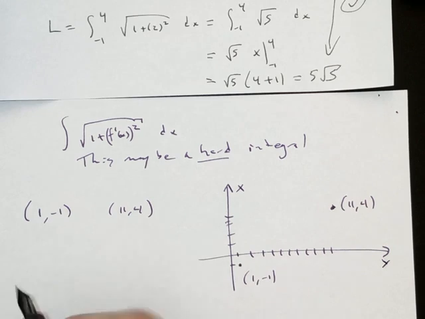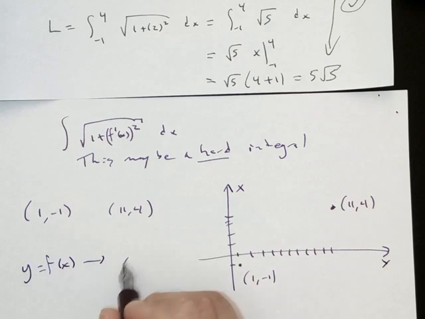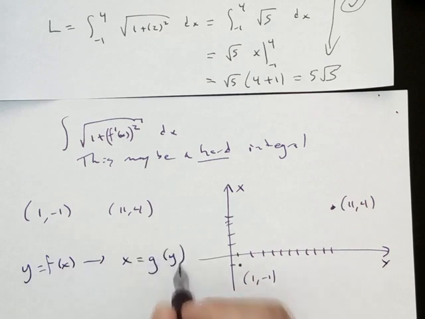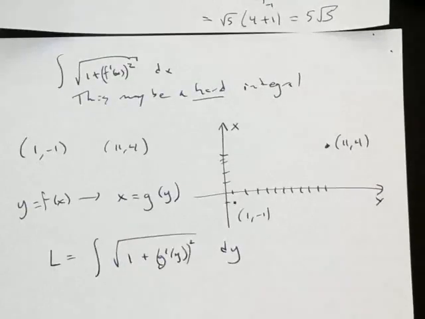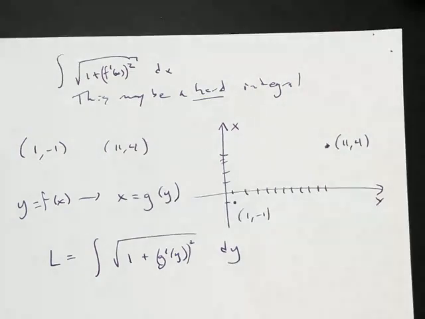So instead of thinking about a function written as y equals f of x, we could think about a function written x equals g of y. And then my length formula becomes the integral of the square root of 1 plus g prime of y squared dy instead of x. Really what I'm thinking about is doing my problem up and down instead of doing it from side to side.